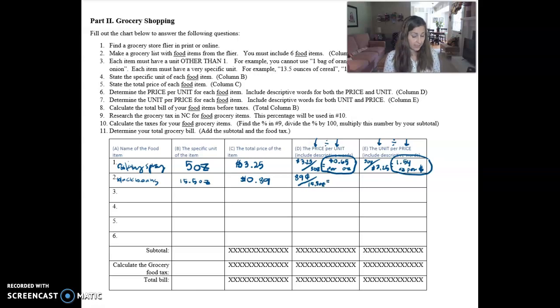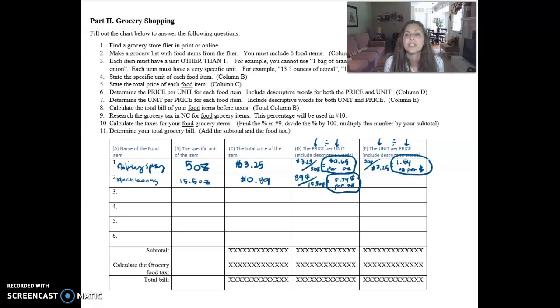And that ends up being 5.74 cents per ounce.